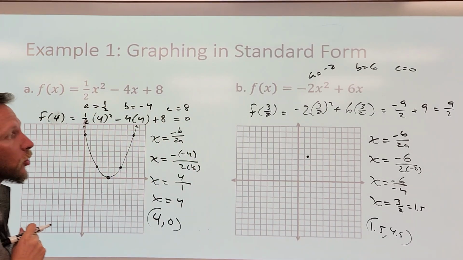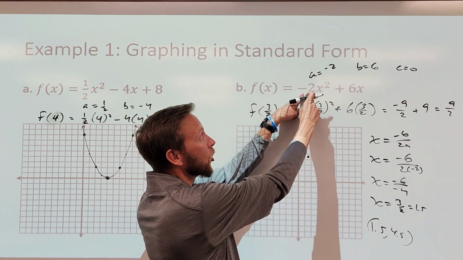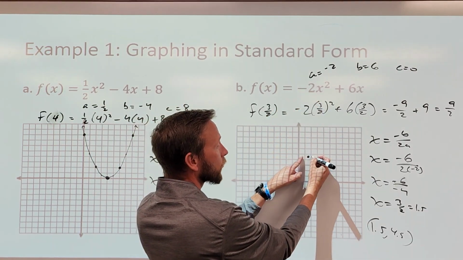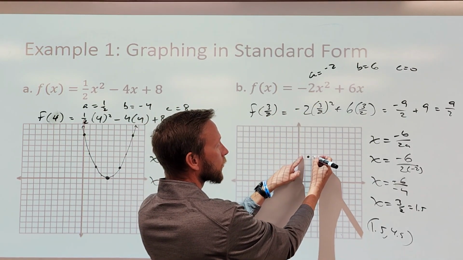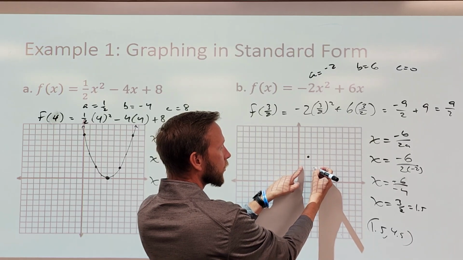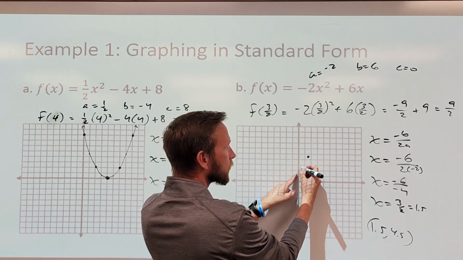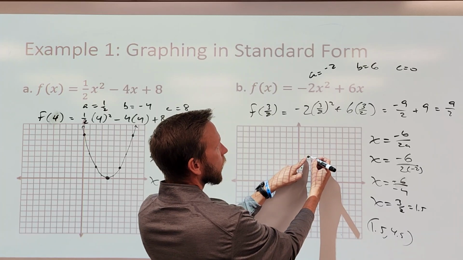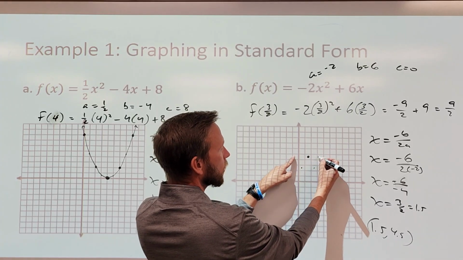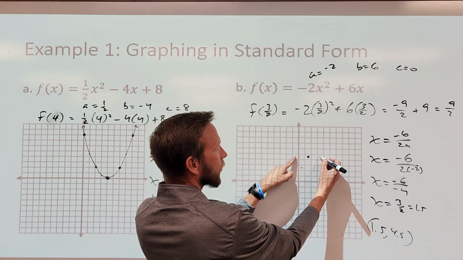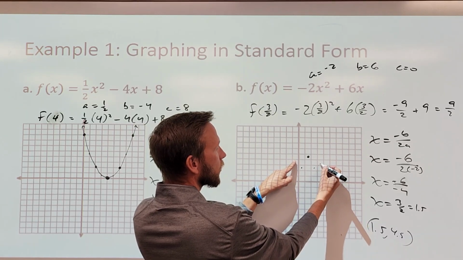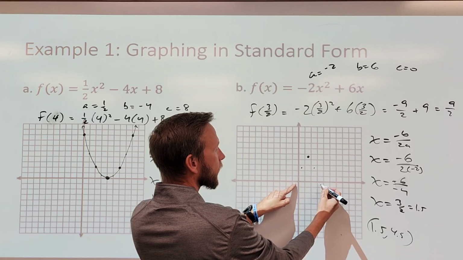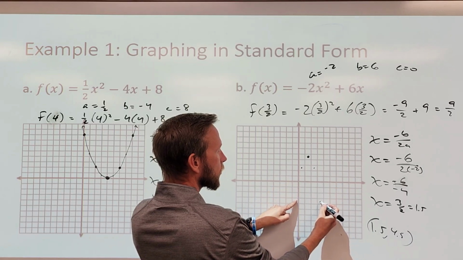Now from there, we're going to go over 1, and this is tough, over 1, down 2. Instead of over 1, up 1, we're going to go over 1, down 2. Instead of going over 2, down 4, we're going to go over 2, down 8.